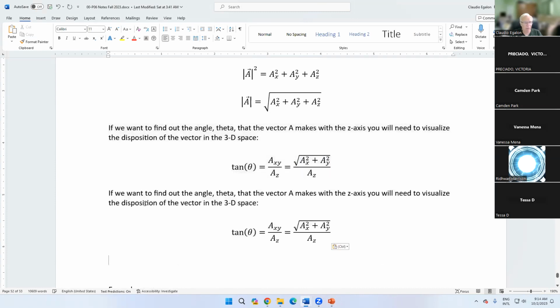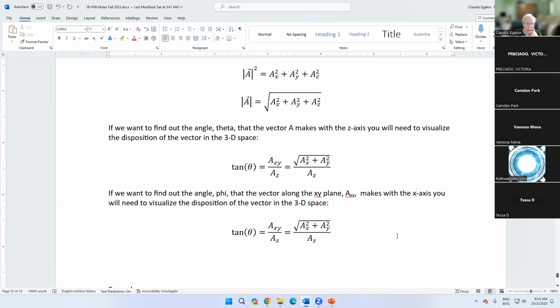If you want to find out the other angle, let's say phi, that the vector along the xy plane, AXY, makes with the x-axis, this one's going to be easier.